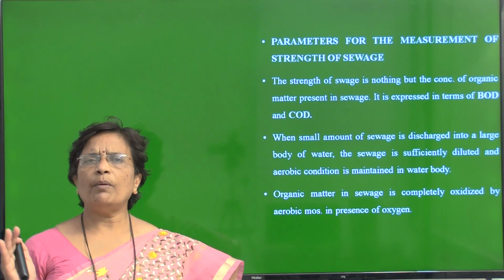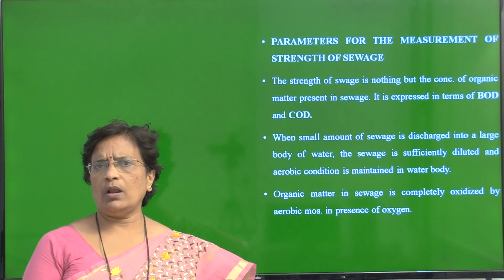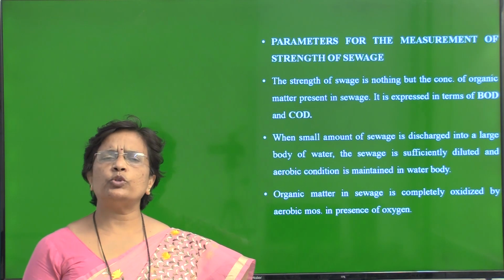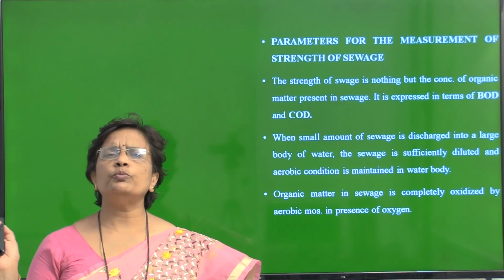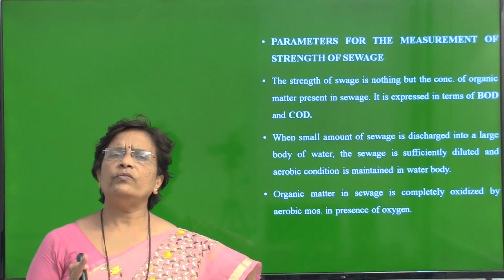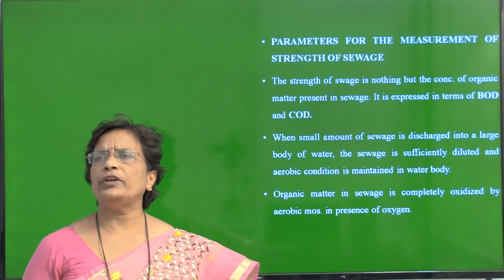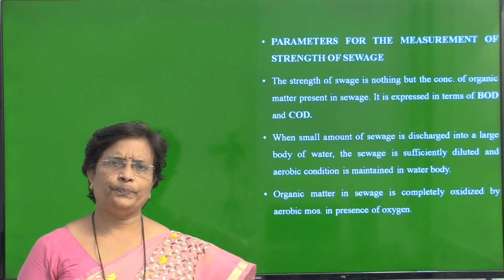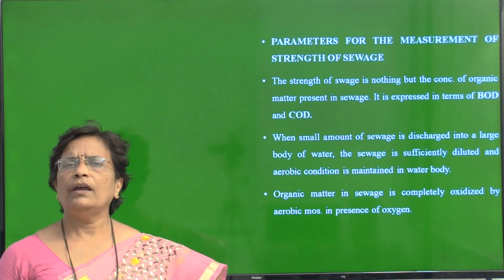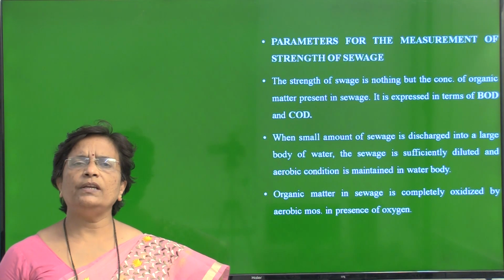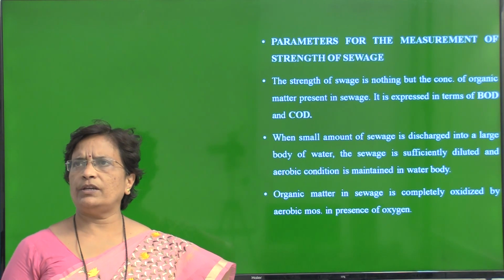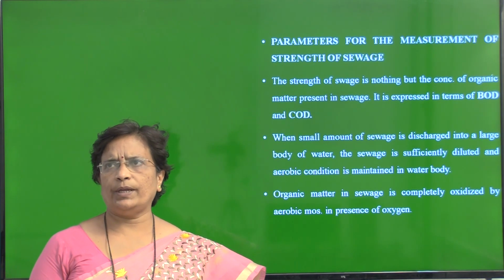When the amount of sewage is small and it is disposed of into a large body of water, this sewage gets sufficiently diluted, and here aerobic condition is maintained in the water body.